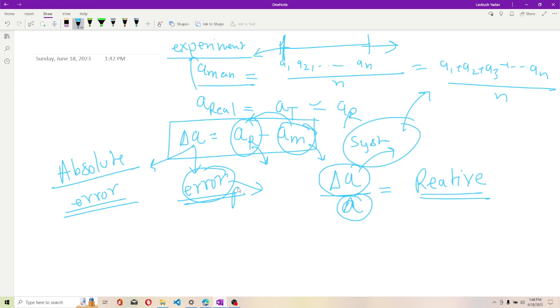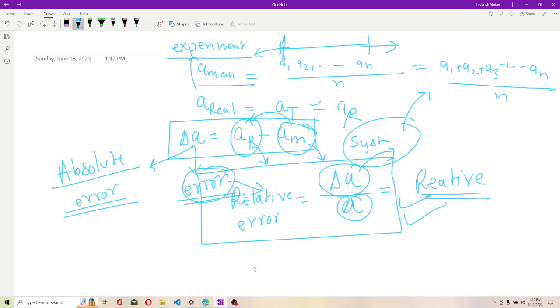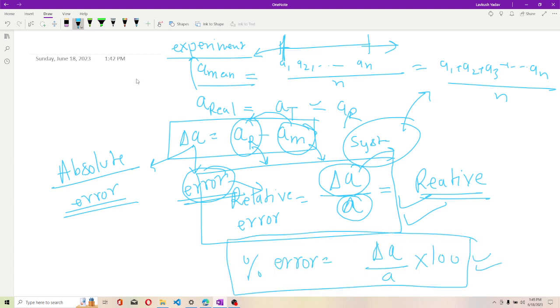Now if we multiply it by 100, then that same error is called the percentage error. The first thing you have to do is find the absolute error, then you can easily find the relative error, then the percentage error.